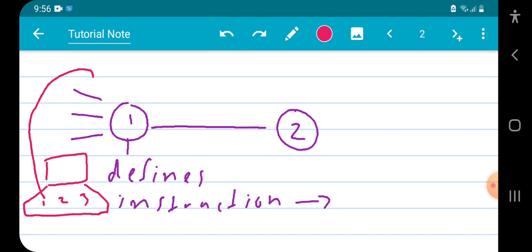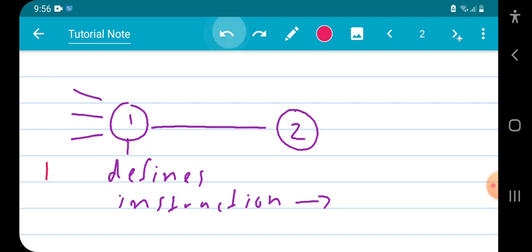So the artificial neuron number 1 receives some data from the computer, and the data is some numbers: 1, 2, 3. Like I told you, what defines an artificial neuron are the instructions that it will follow for the given data.